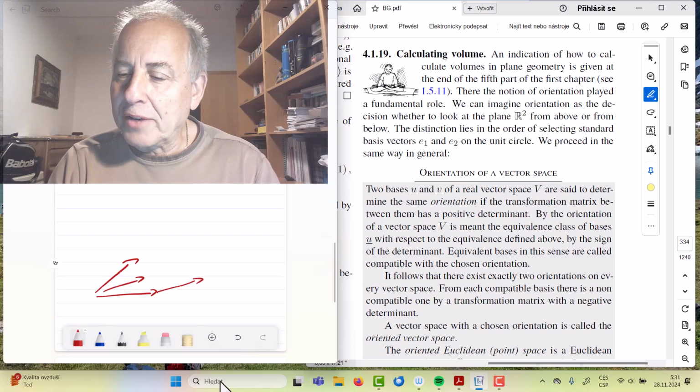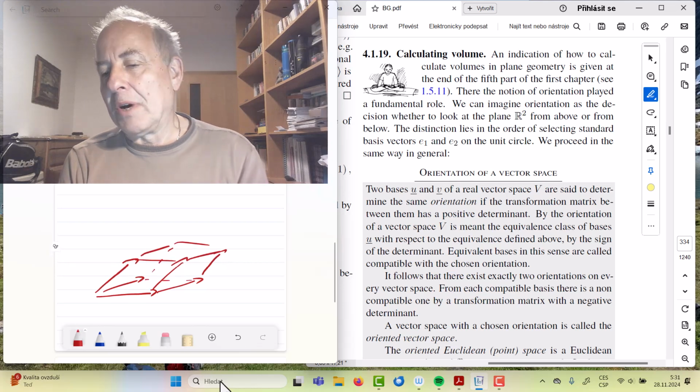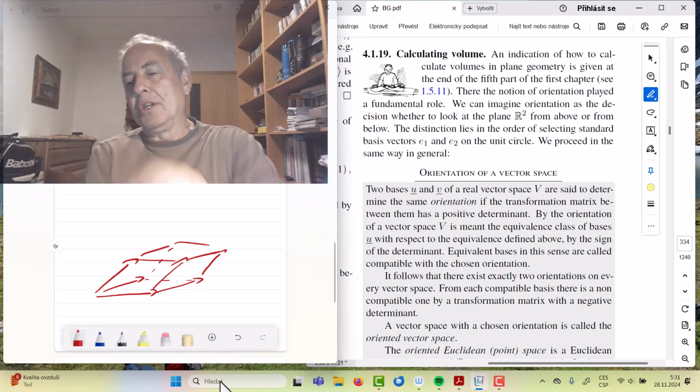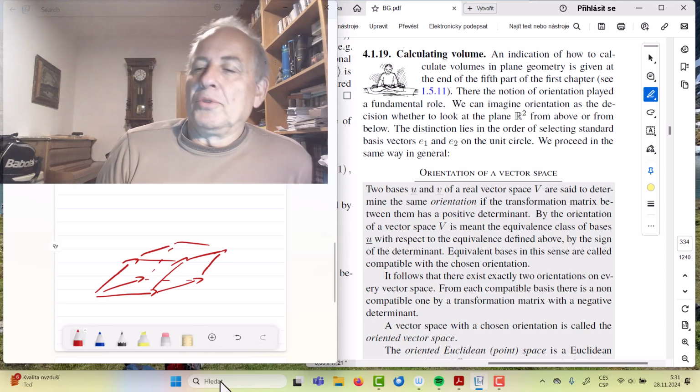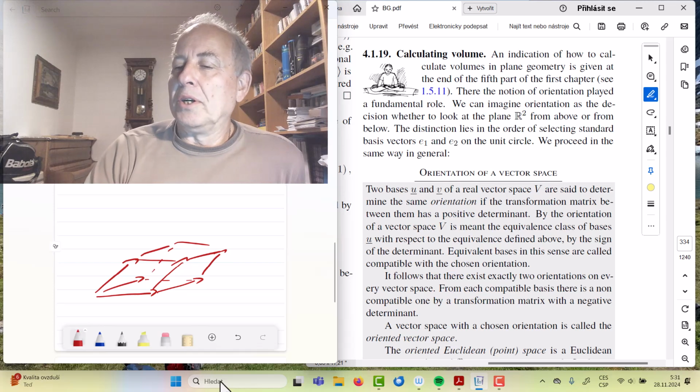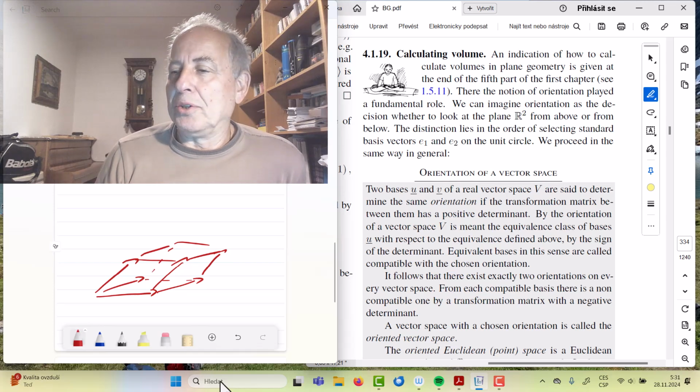We shall have something like this. Right, something like a squeezed skew cube, and we want to know what the volume is in general dimension.